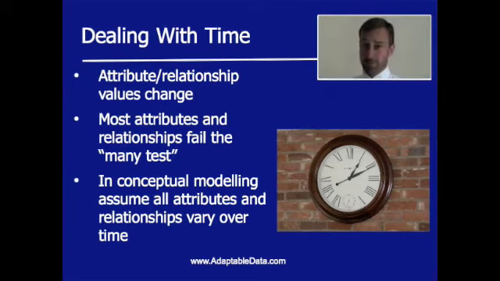In practice, what I found is that the vast majority of attributes and relationships would fail what data modelers call the many test. That is to say that over a period of time, pretty well every attribute and relationship can change its value.